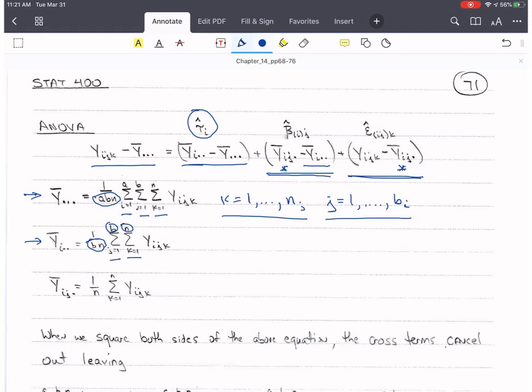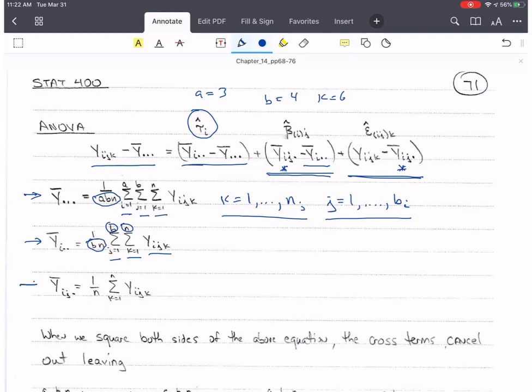We're adding up all these observations within the j and the k for a certain i, and then dividing by how many we have. If I remember correctly, b is 4, n is 6, and a is 3, so we would be dividing by 24 here.